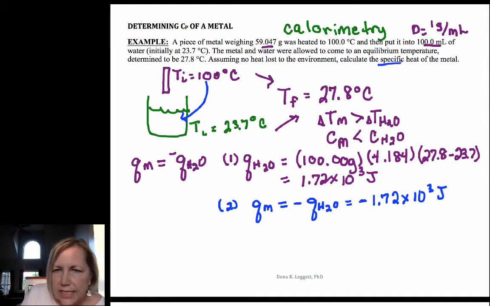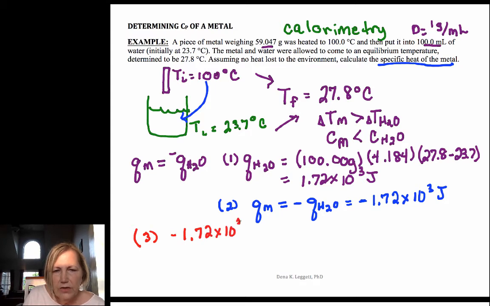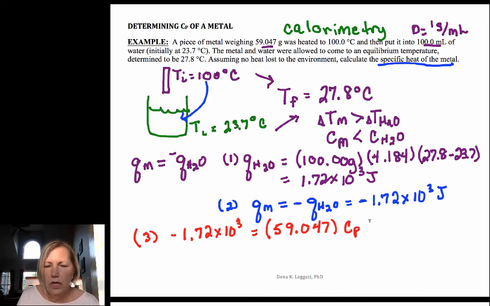Now the question is to calculate the specific heat of the metal. So that's where step 3 comes into play. Step 3, I'm going to use mcΔT. My Q, 1.72 times 10 to the third, heat, is equal to mass. My mass of my metal is 59.047 times the heat capacity of the metal that we don't know times the temperature change.